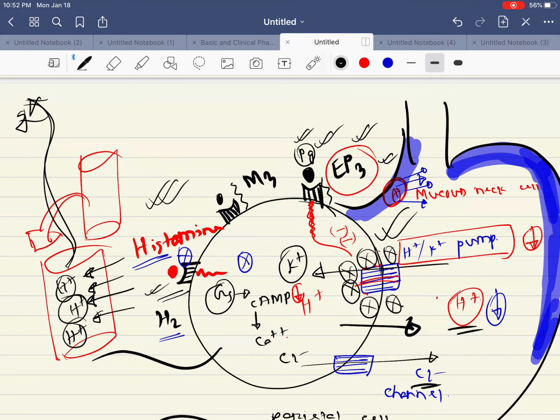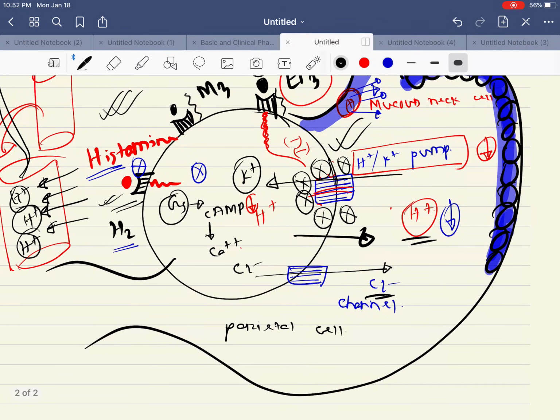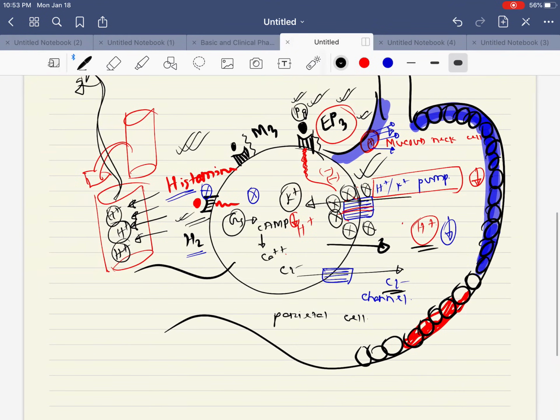That's why H plus ion in the gastric lumen will decrease. This is another way. Prostaglandin also stimulates the gastric mucosal cells to proliferate rapidly. So if there is any ulcer or erosion, due to the stimulation of gastric mucosal cells by prostaglandin, they will proliferate rapidly and heal the ulcers. Okay, so this is all about that.